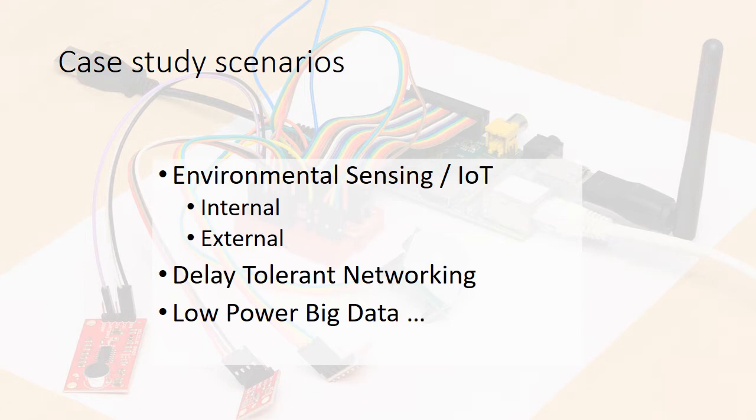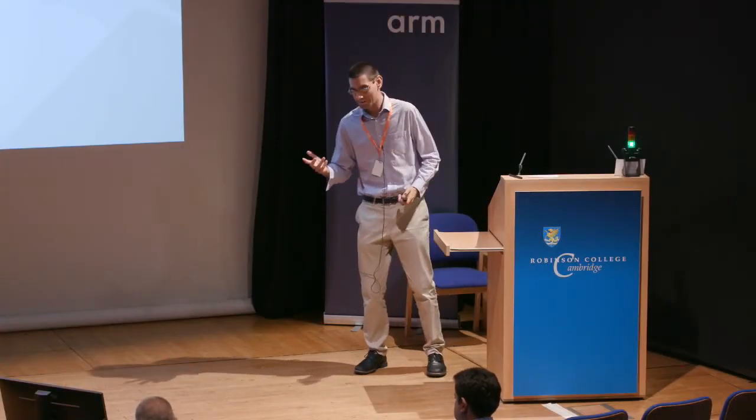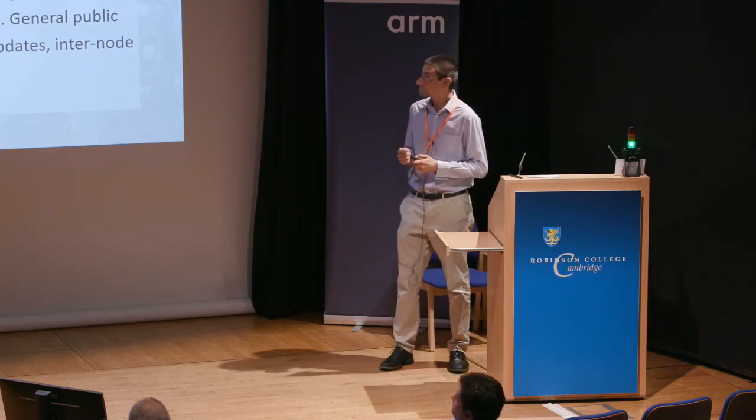Doing delay-tolerant networking, as Aiko did, where you've got these data mules moving around and collecting data. Or if you can make your Hadoop cluster a little bit better, maybe you can do low-power big data.